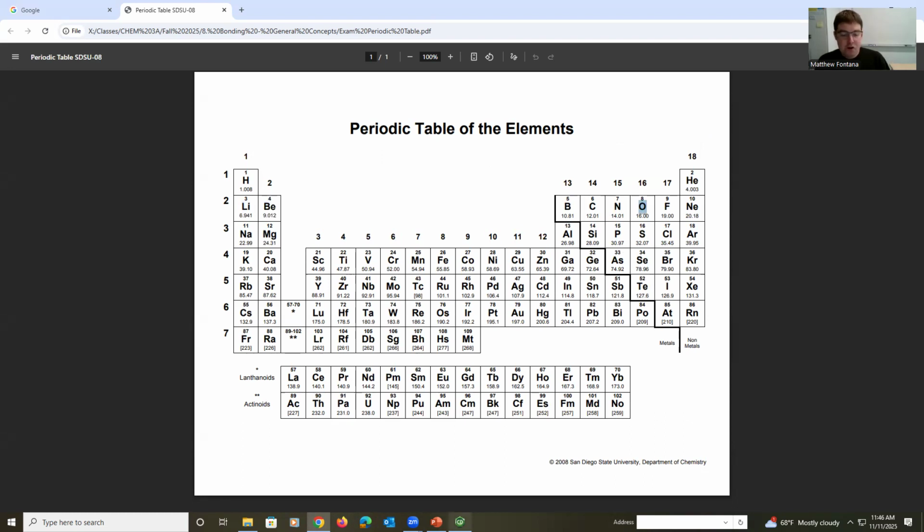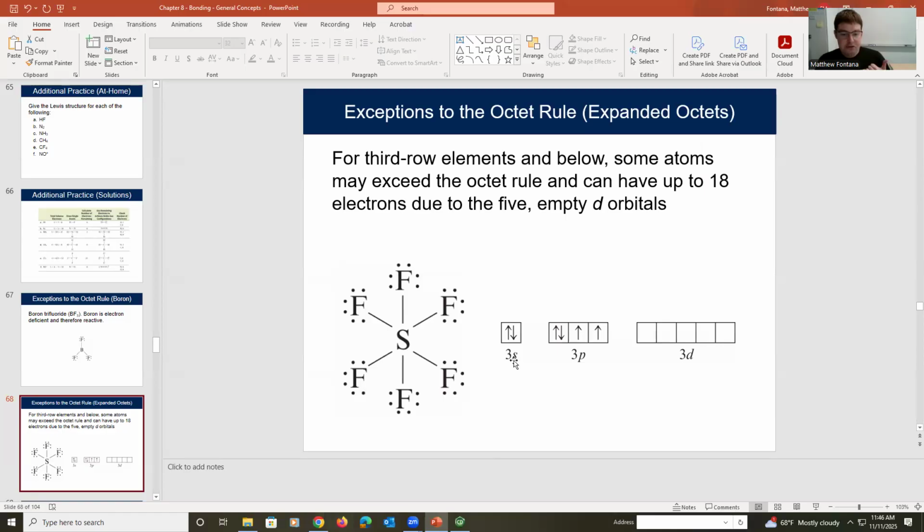Okay. So oxygen has a 2s orbital and a 2p orbital. You'll notice with the s and the p orbitals that you can jam in two electrons per orbital. And so if you do the s and the p, you get 2, 4, 6, 8 electrons maximum you can put in between the s orbitals and the p orbitals. Okay.